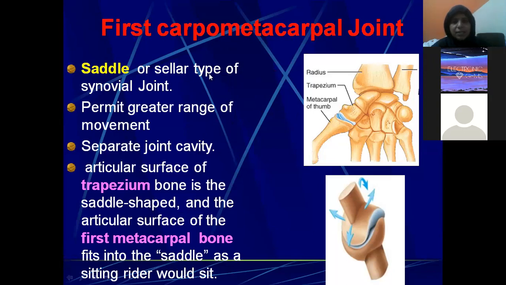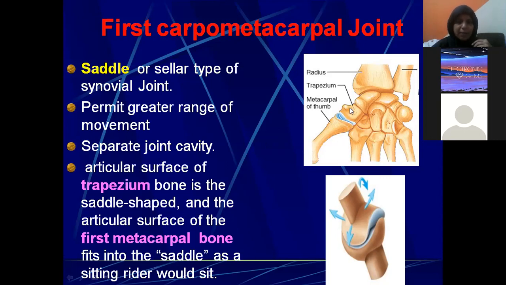So saddle type of synovial joint permits a greater range of movements. Actually, the opposition type of movement that we do is possible because of the saddle type of joint. This is the only joint among all carpometacarpal joints which has a separate joint cavity.